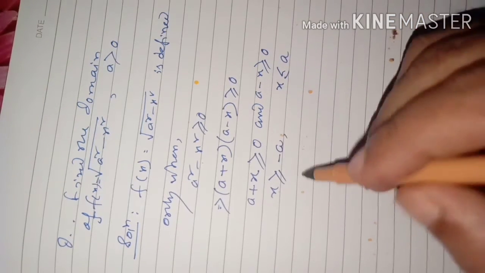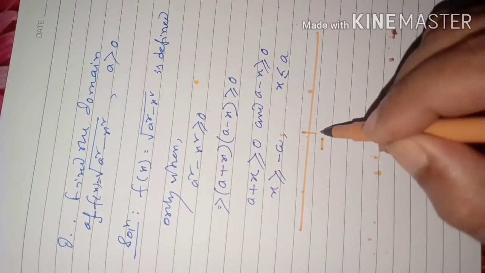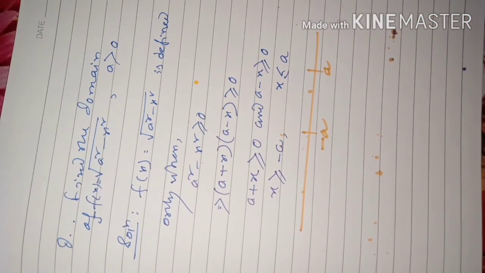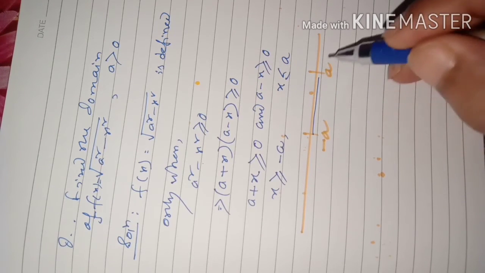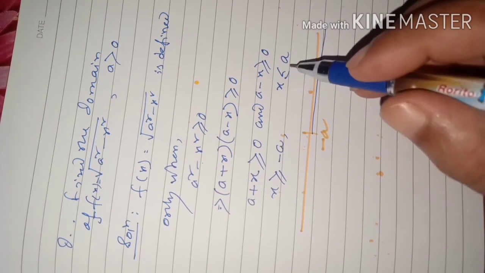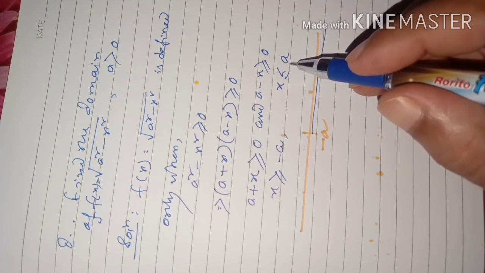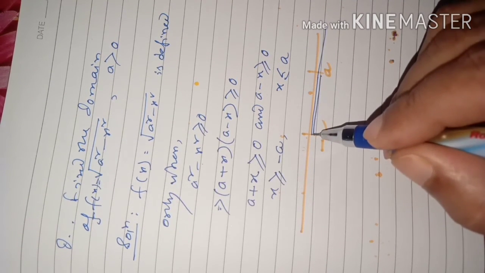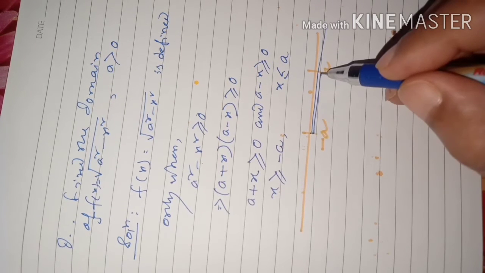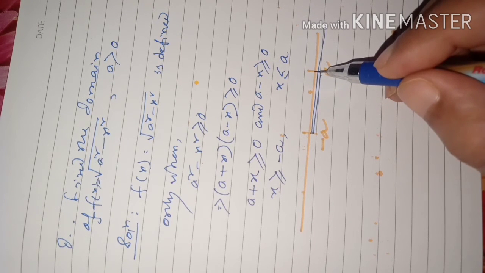Suppose this is 0, this is minus a, this is plus a. If it is greater than or equal to minus a, we are talking about this side, and if it is less than or equal to a, we are talking about this side. That is, the portion between minus a and plus a will be the common portion.